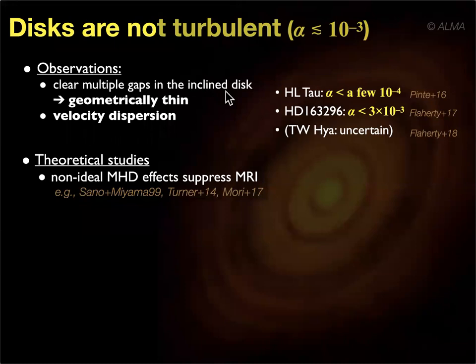For example, ALMA observations have shown that disks are geometrically thin and the velocity dispersion is not so large. On the other hand, theoretical studies have shown that non-ideal MHD effects suppress MRI. So disks would be MRI inactive and alpha is expected to be low.